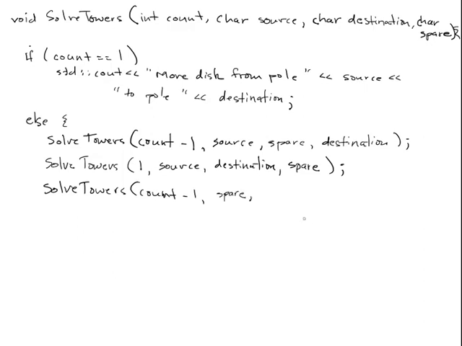Well, we need to move those to the destination. And then we pass in the spare, which is that original pole that we're on, which is the source. And believe it or not, if you put that in your little compiler, you run that code, this is your solution.